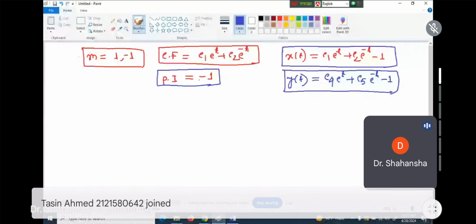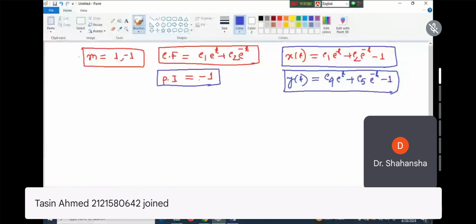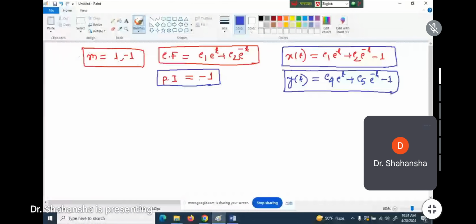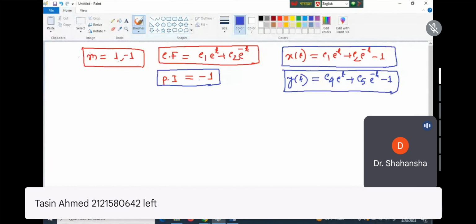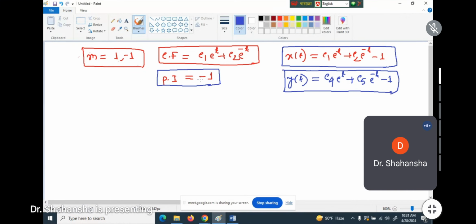Sir, I start the new and important topic, a fundamental topic of engineering maths. It is called the Laplace transform. When you come back to your campus, we take a common class.